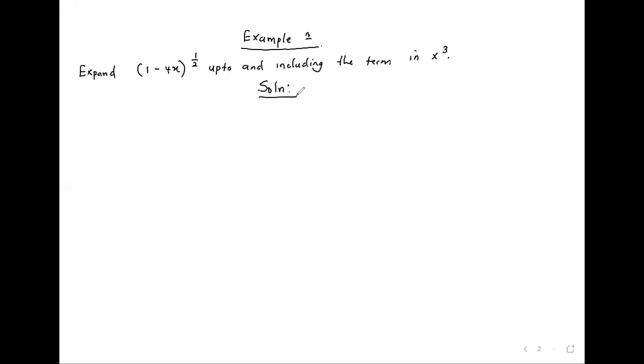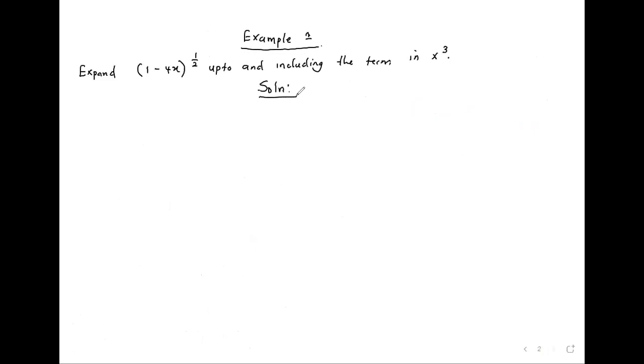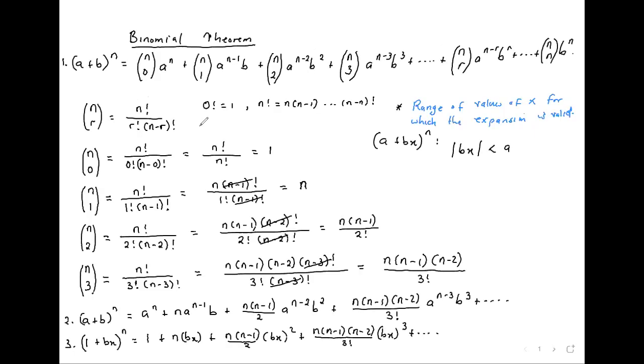Now, if you look at our question, it falls in the nice category of expansion 3, where our target is just on the B part. So you would say, okay, here we are saying 1 plus bx to the power n.